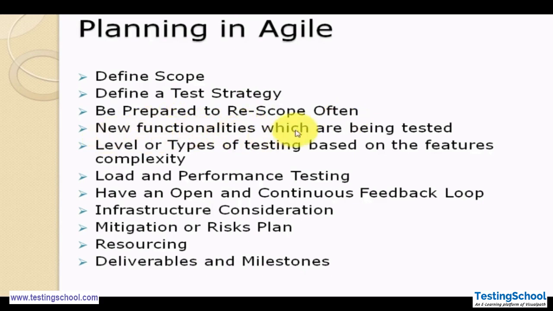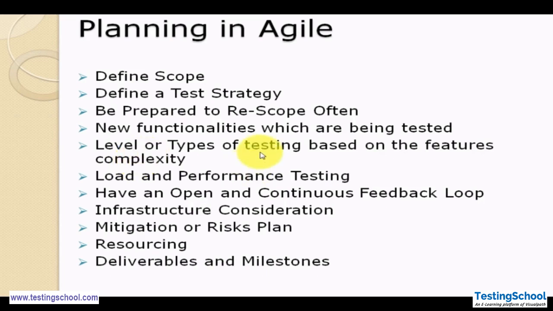Then new functionalities which are being tested. In planning, we define what all the new functionalities are that need to be tested. Then the level or type of testing based on the feature complexity.